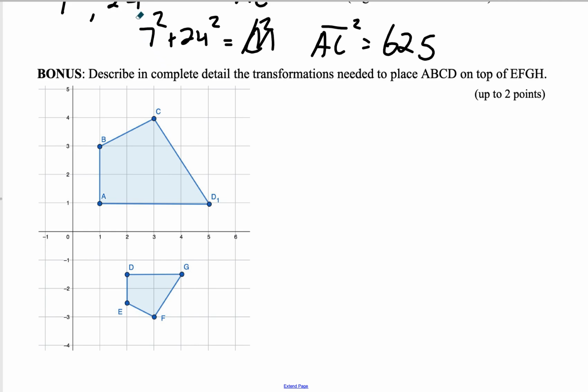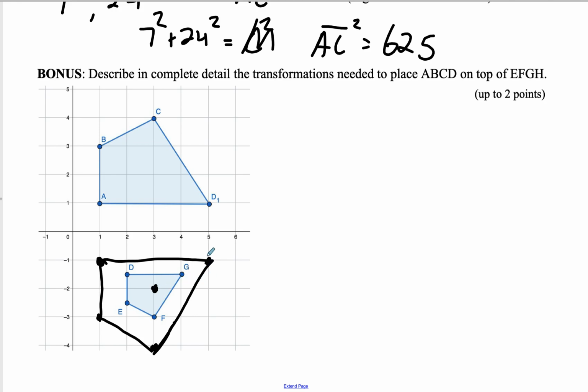Someone did this: first they did the reflection over the x-axis. So reflect over the x-axis, boom, boom, boom, boom. Then dilate with center 3, negative 2, and scale factor 1/2.